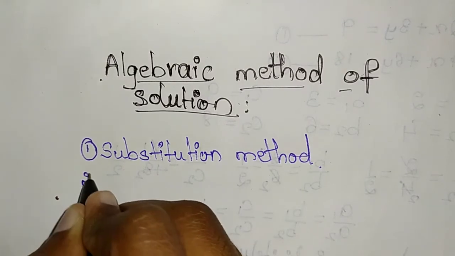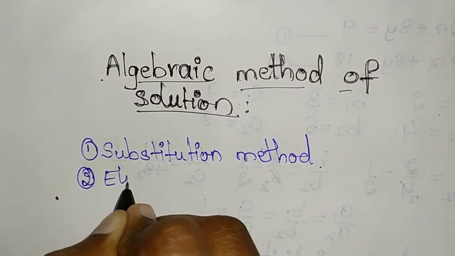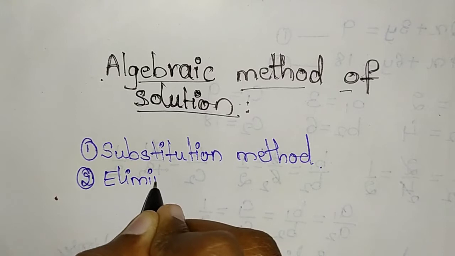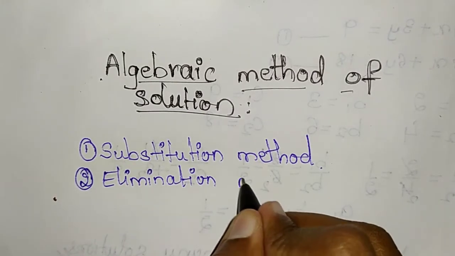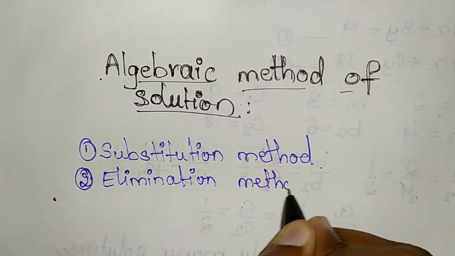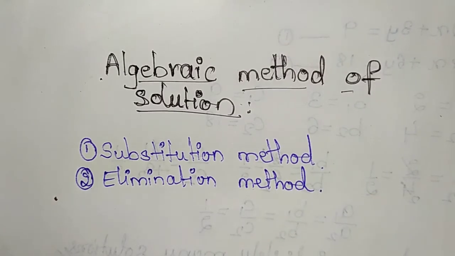And the second method is elimination method. As far as I have seen, elimination method is considered to be the easiest method, but I think all the methods are easy. Here we eliminate either x or y variable. We delete one of the variables from the equation to find their solutions.